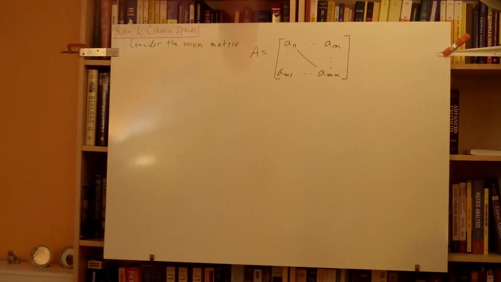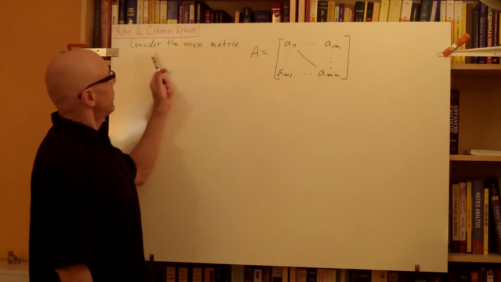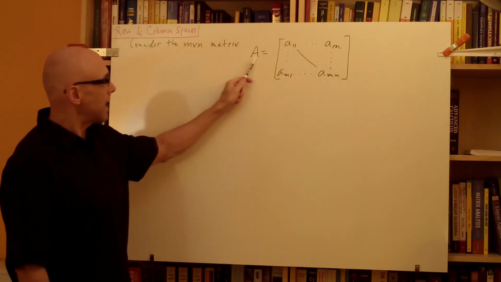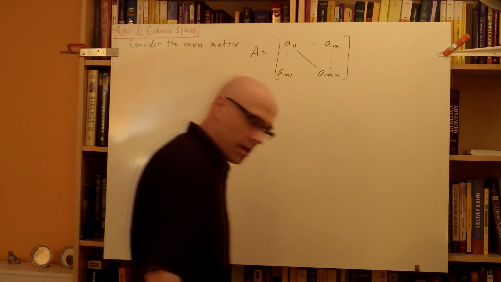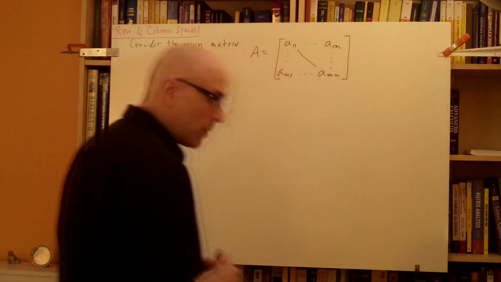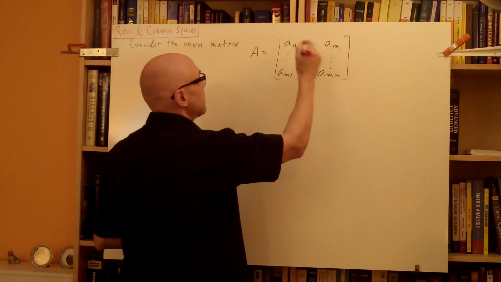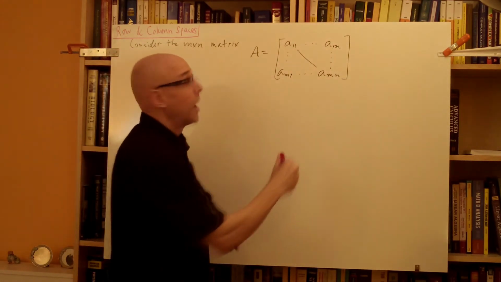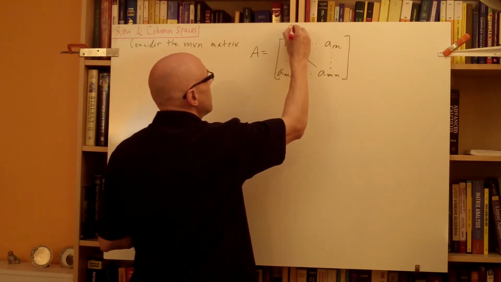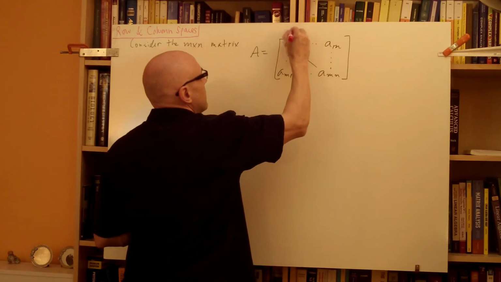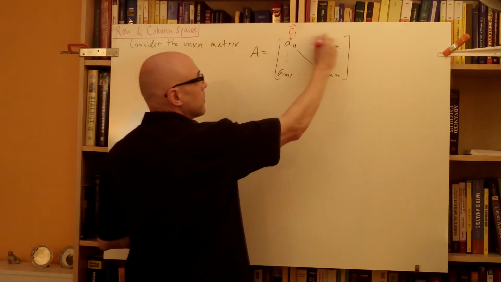Row and column spaces. We consider the M by N matrix A with these entries. Now, as we've done somewhat in the past in this class, we can label the columns of A as vectors. So the first column of A is C1, and you do this all the way down the line.